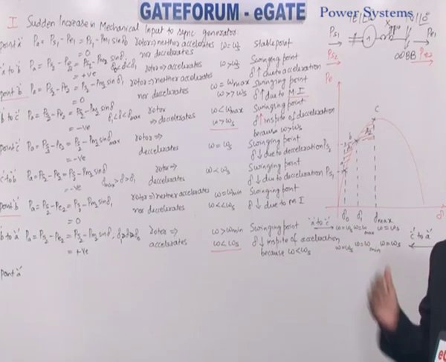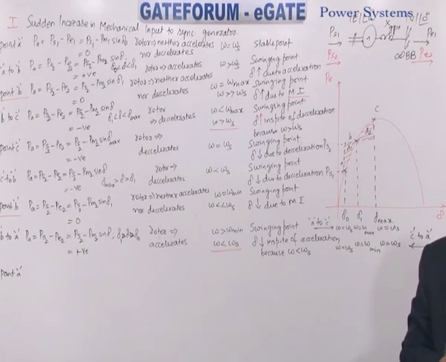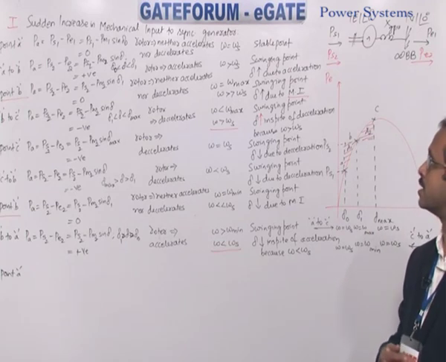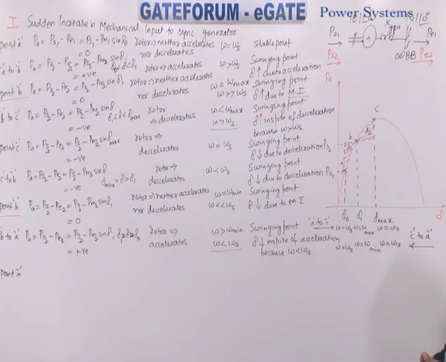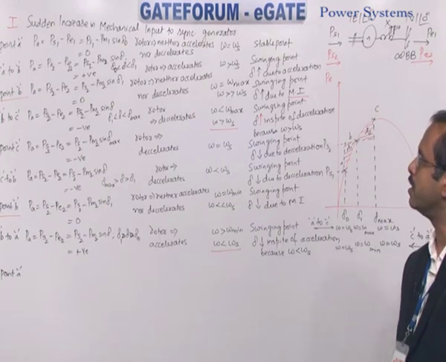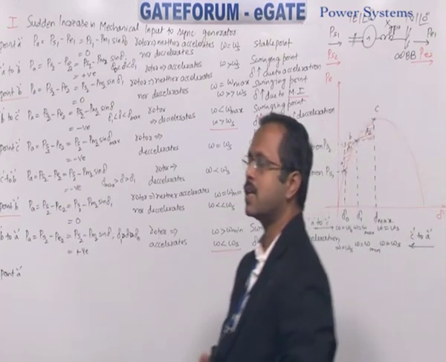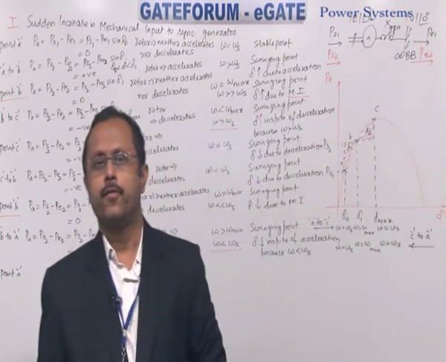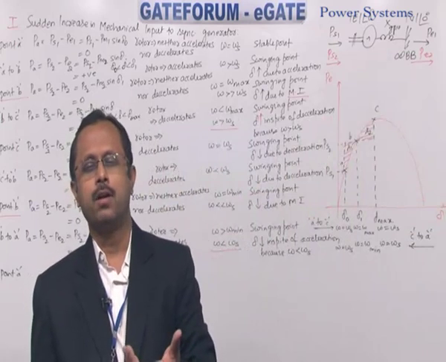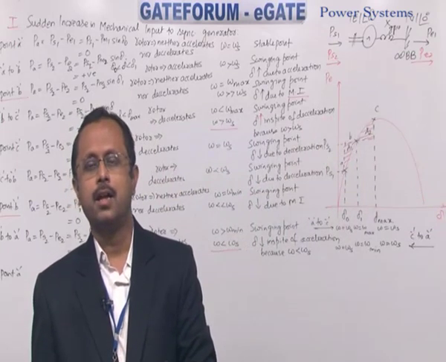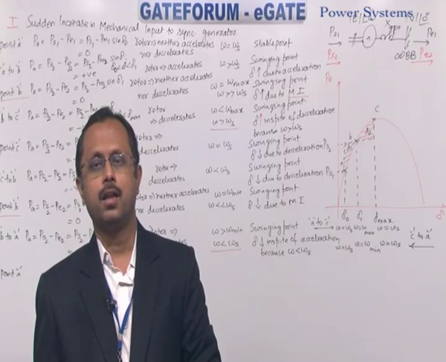So this is how you analyze the first application, the sudden increase in the mechanical input to a synchronous generator. Now we analyze the synchronous motor. For a synchronous motor the input is electrical and the output is mechanical.